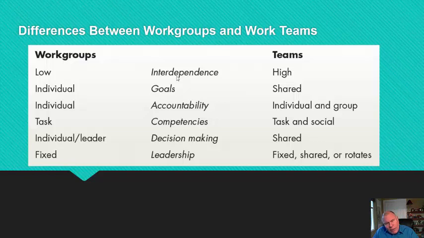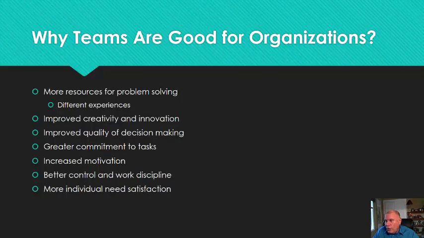We're going to talk more about decision making. We talked about it previously, but we're going to talk about what consensus is within the concept of a team. Leadership, when there's a group, is usually a fixed leader. And in a team, it's fixed or shared or rotating leadership. So those are the differences that I'd like you to think about as we move forward.